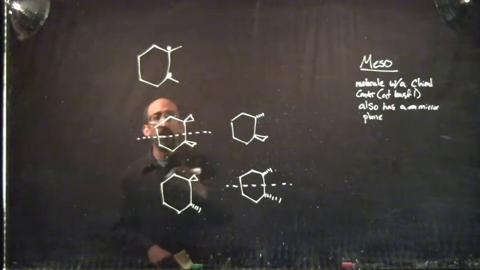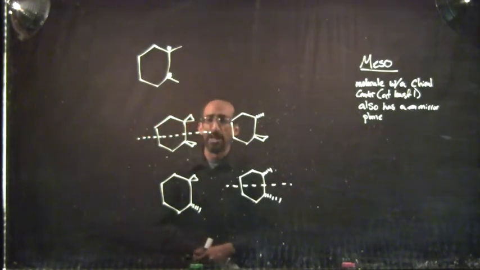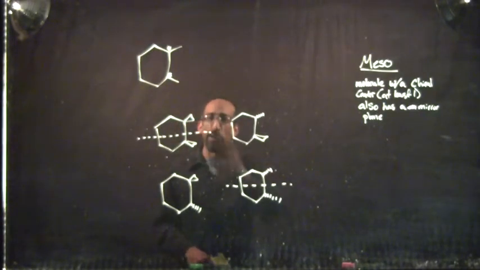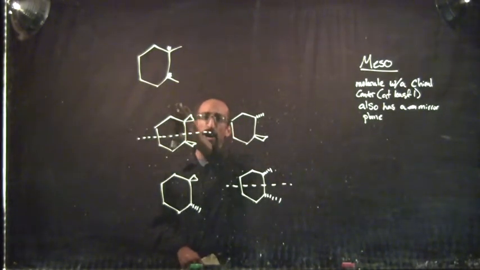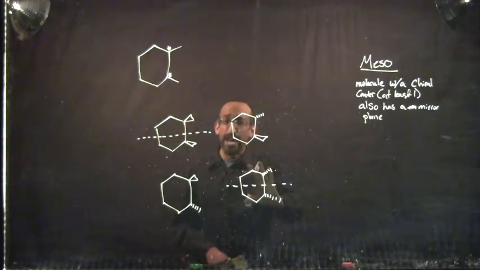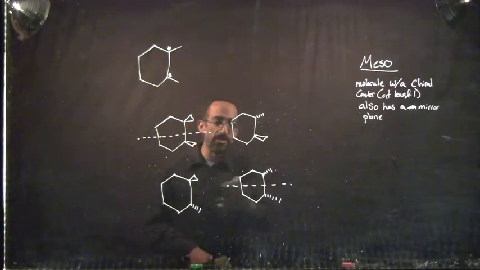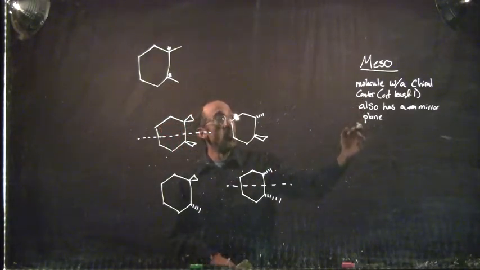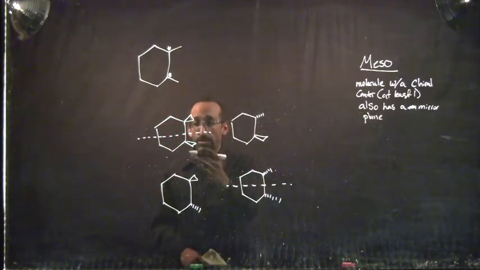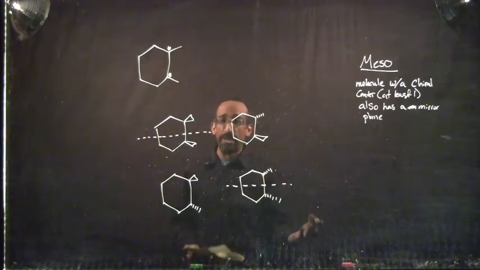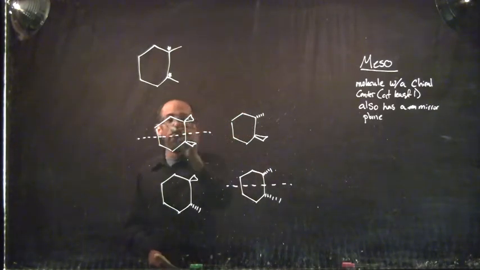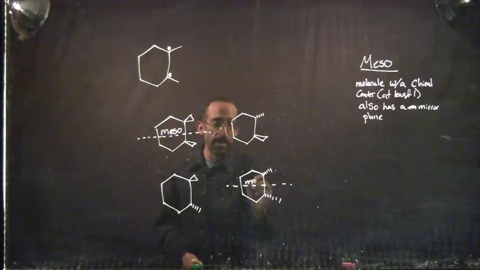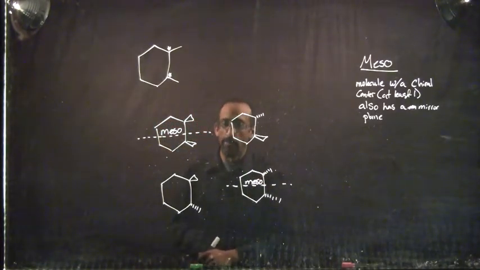But we see here, for our example of 1,2-dimethylcyclohexane, that both of our cis configurations, our up-up cis and our down-down cis, have this mirror plane of symmetry. And so we have a molecule with at least one chiral center that also has a mirror plane of symmetry. These are meso, is how we define their stereochemistry. They are meso compounds.